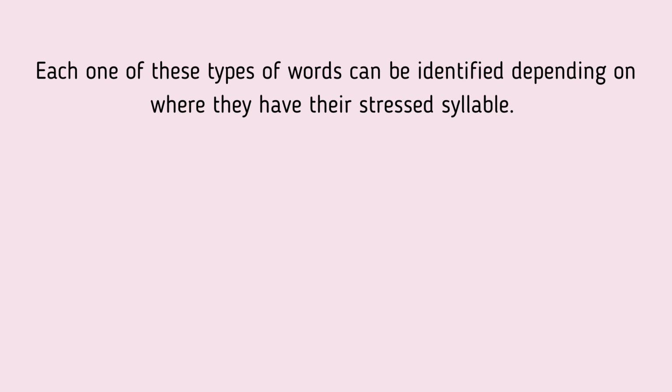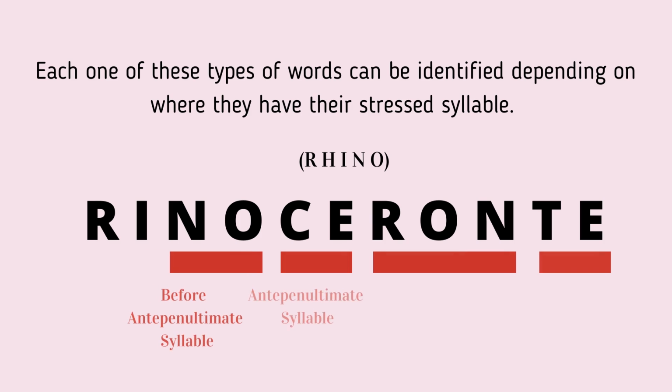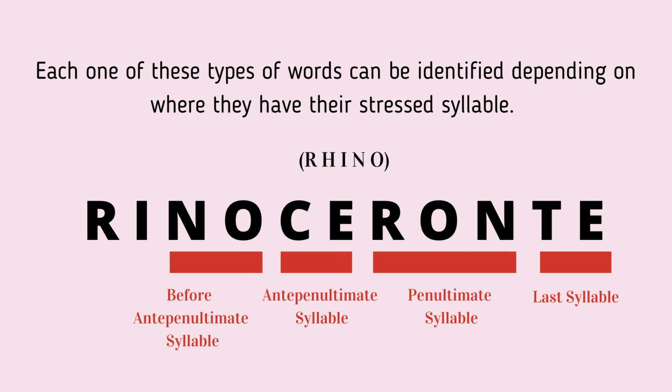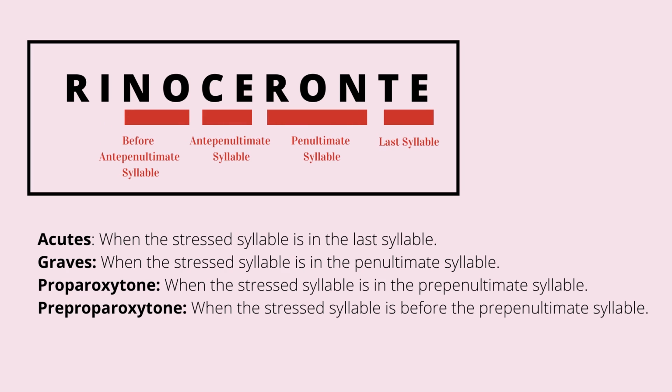Let's look again to the word rinoceronte. Rinoceronte has 5 syllables, which can be divided by the following names. Therefore, to know what type of word is a word, just look at its stressed syllable.